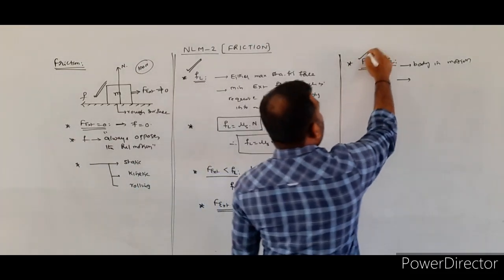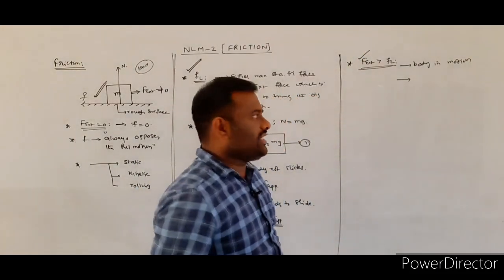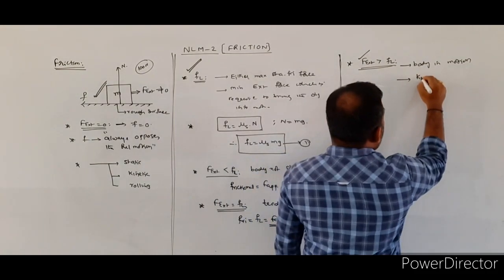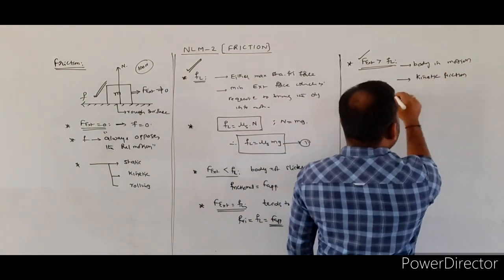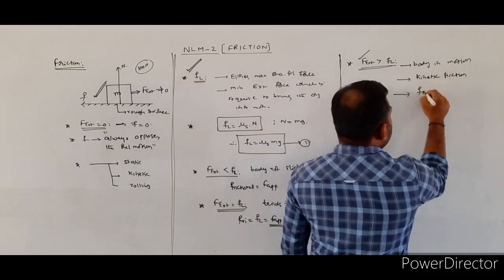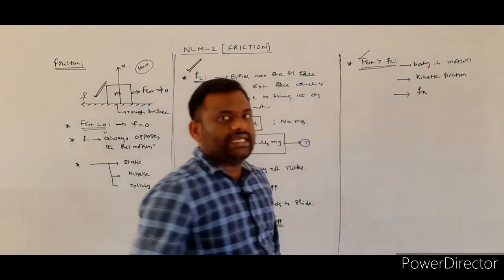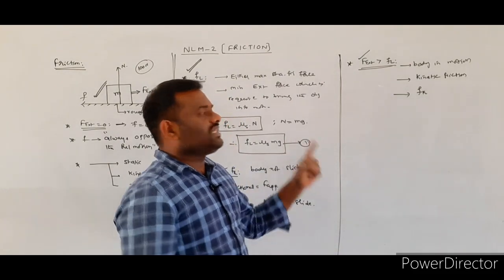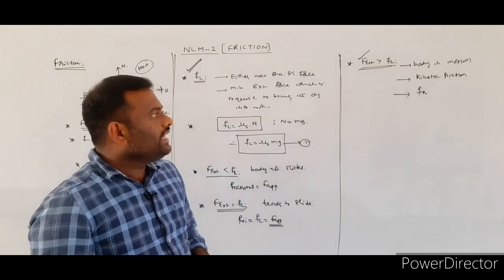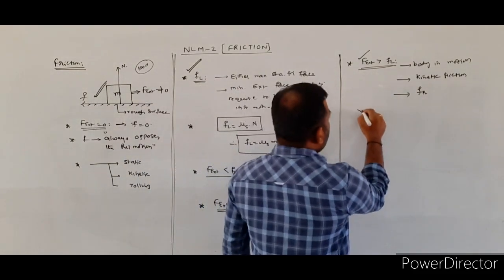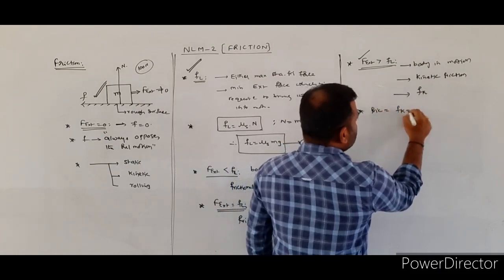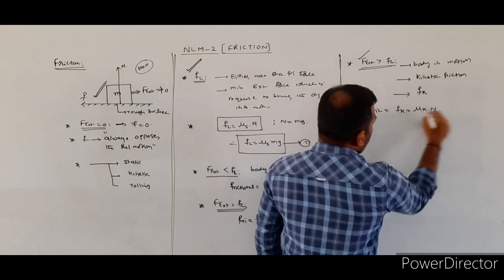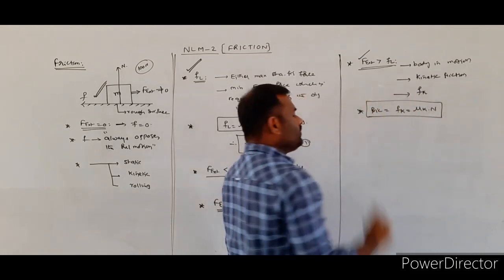Whenever the applied force value is greater than the limiting friction, the corresponding frictional force is called kinetic friction. The kinetic frictional force is represented by F suffix k. In this case, the object will be in the motion, and the frictional force value is equal to the kinetic friction, that value is equal to mu k into N.